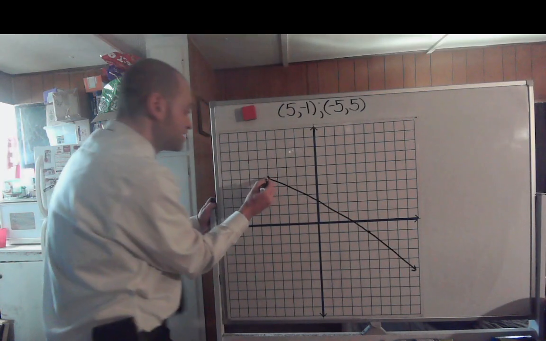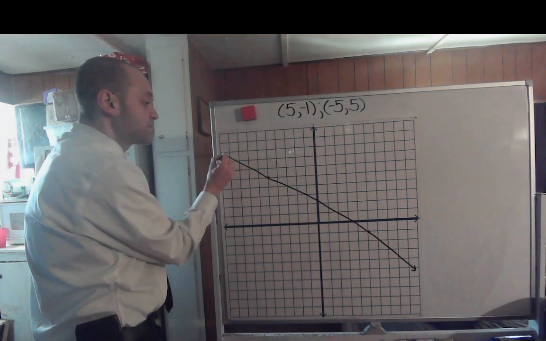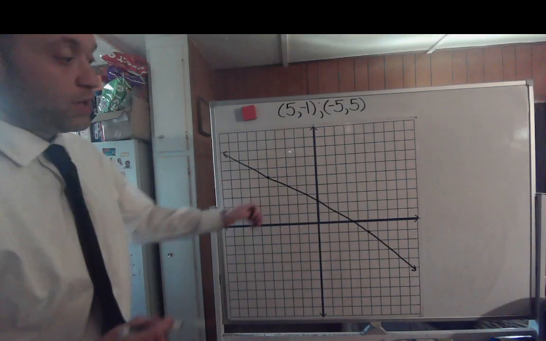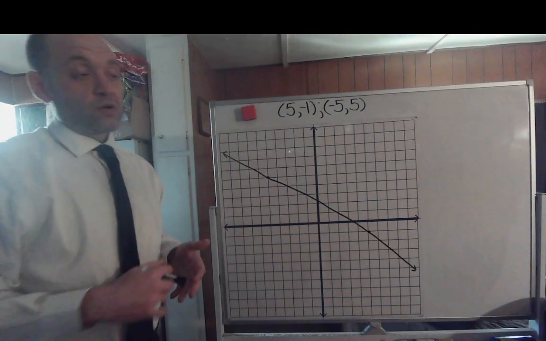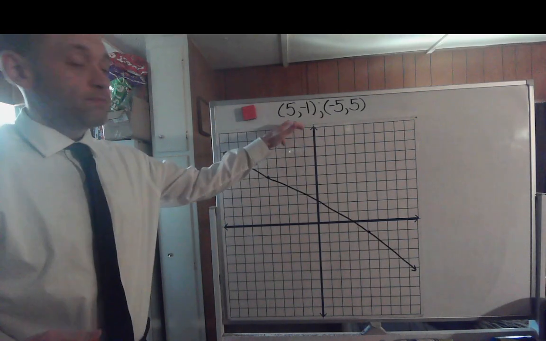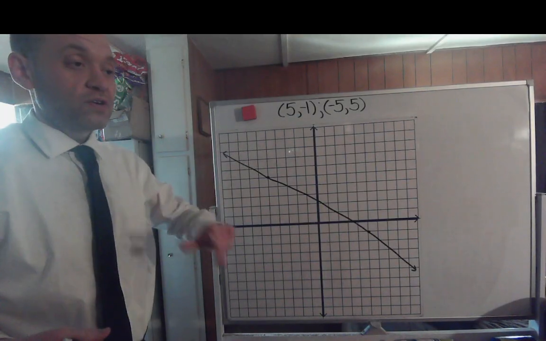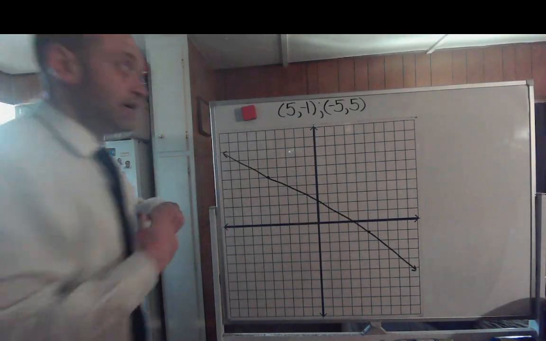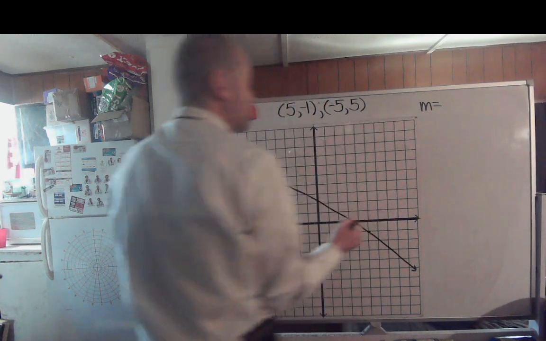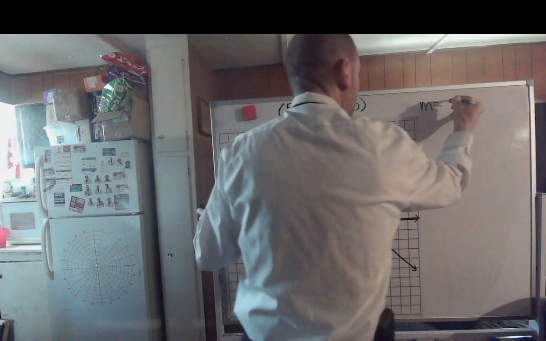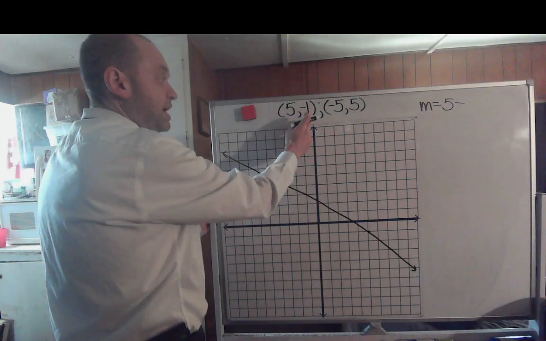So we want to find the slope-intercept form of the equation of this line. Well, we're going to have to use point-slope form. But first, we need to find the slope of the line, right? So that's going to equal your y2, which would be 5, minus your y1, which is minus negative 1.